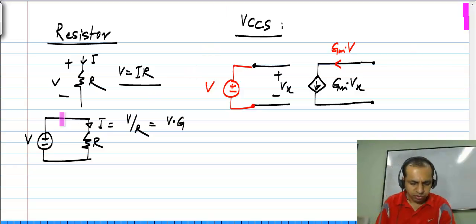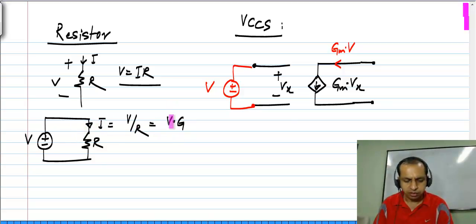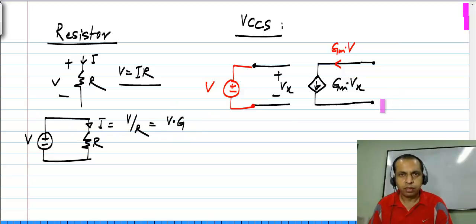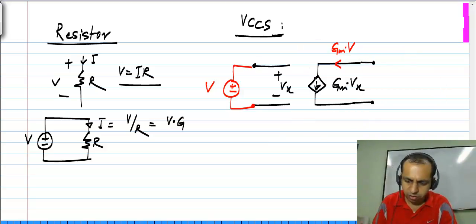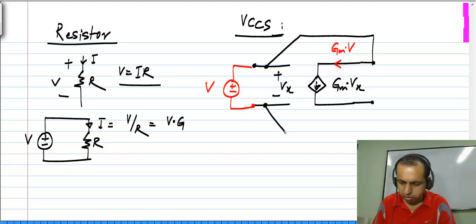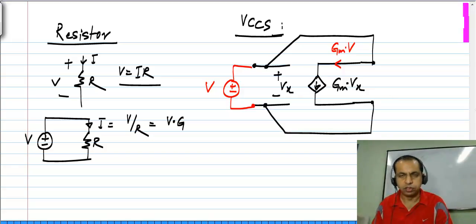What does a resistor do? If a V is applied across it, it draws a current I, which is V times G, from the voltage source itself. And that scenario can be easily arranged in this picture, right? This Gm times V, I could have connected this to any circuit. Now I'll choose to connect it back to my circuit.